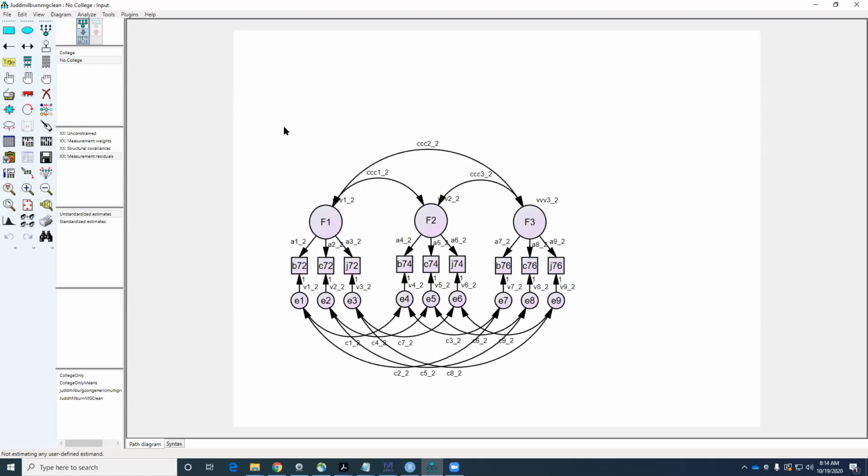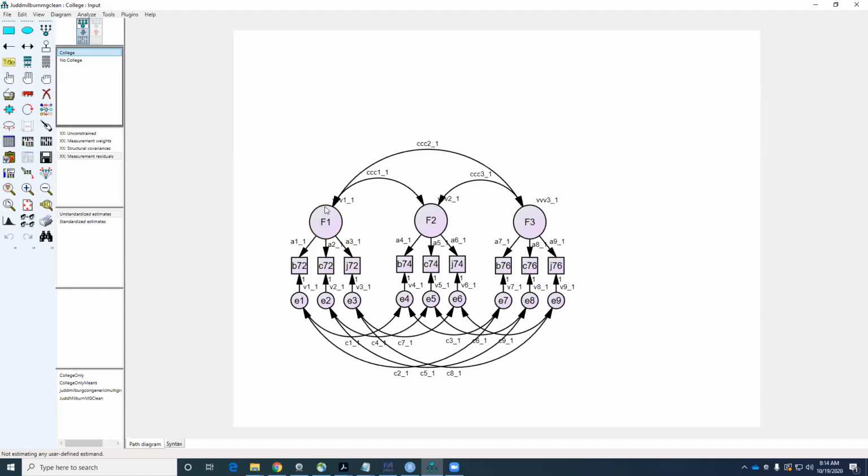I used to have an instructor who had the annoying habit of saying, and if you hit the run button on it, this isn't going to work. Well, and not to echo George Terwilliger, but if you hit the run button on this, it's not going to work. And the reason that it's not going to work is this model is not identified, because if we just consider the college folks for the moment, there's a freely estimated factor variance here and 3 loadings.